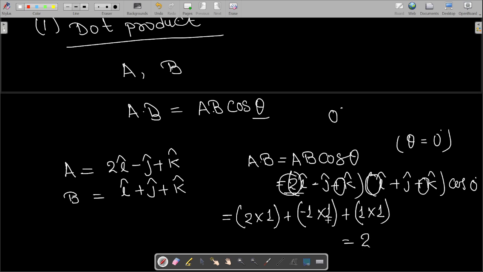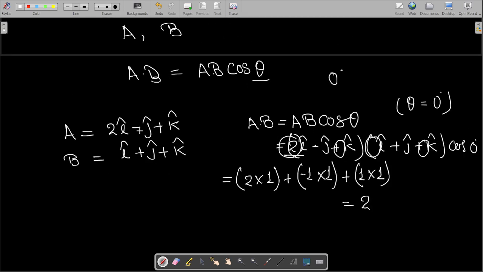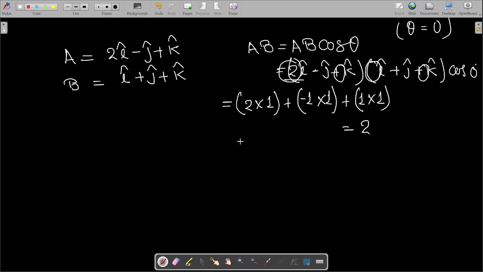This is the rule to multiply with the dot product, and here theta is the angle between the two vectors. Suppose someone asks you the angle between the two vectors, you can use this formula too, that is a dot b equals mod a mod b cos theta.